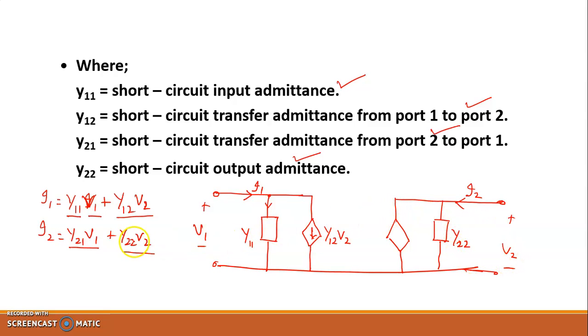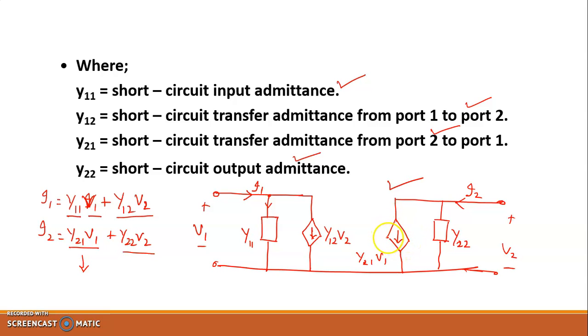The first term, Y21 into V1, depends upon the input voltage V1, so it can be represented as a dependent current source delivering current equivalent to Y21 V1.